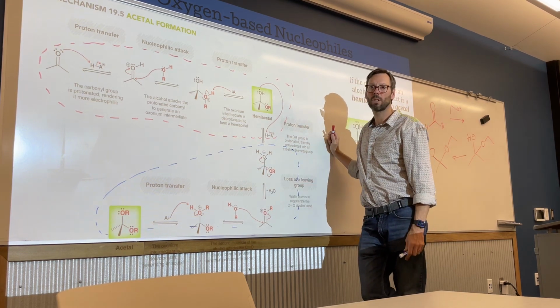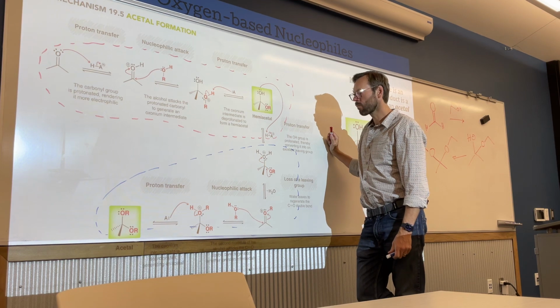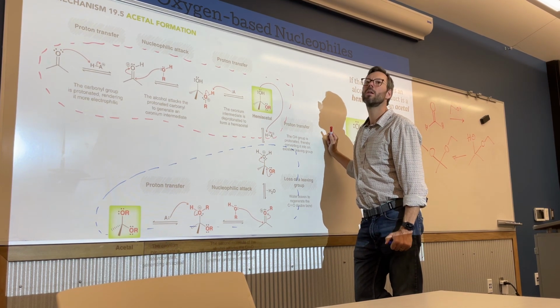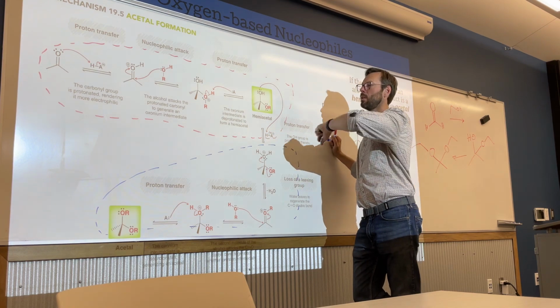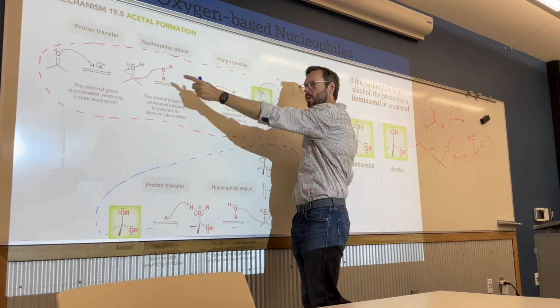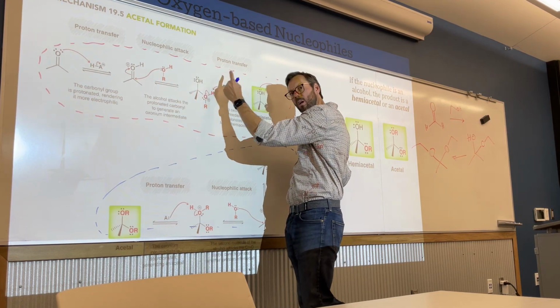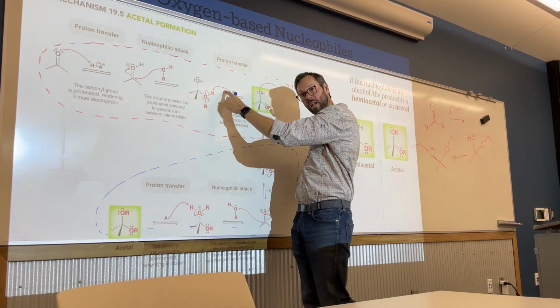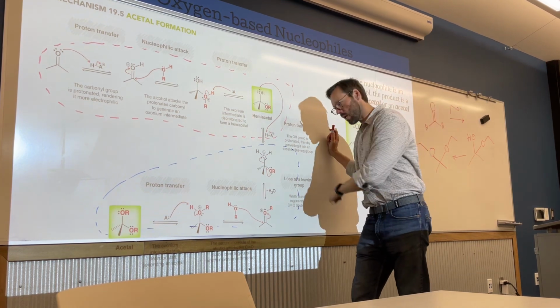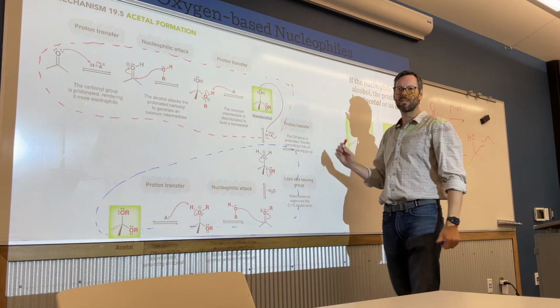So you have to titrate that just right. If you have a 1-to-1, it'll stop. It should probably replace every molecule with one ether group, right? If it's a 2-to-1 or in excess, then you drive it to an acetal.